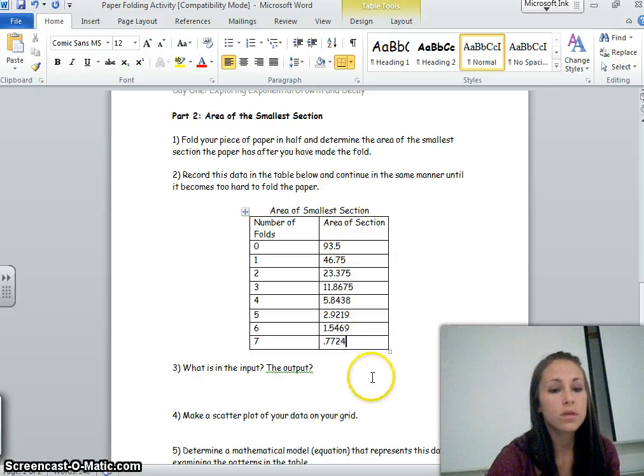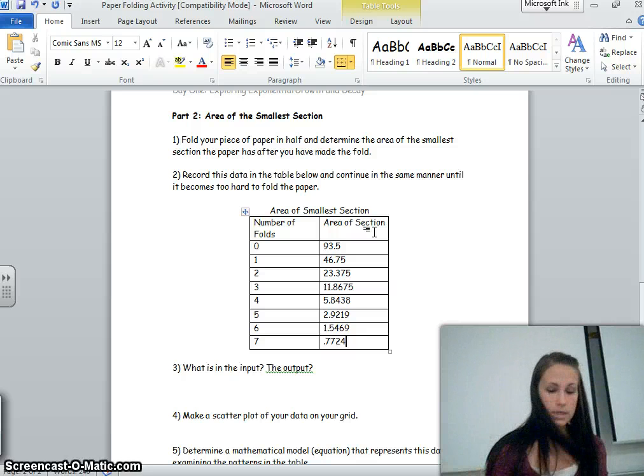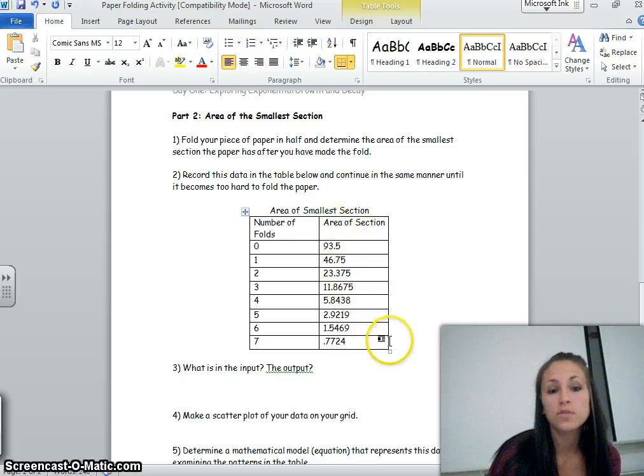Alright, so then there are areas, and like I said, I was very exact, and so I kept all of my decimals when I did that. And so if you did this, you should have started to see a pattern that evolved in this as well.